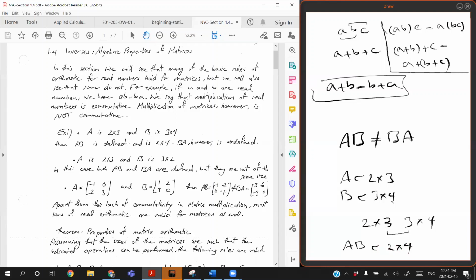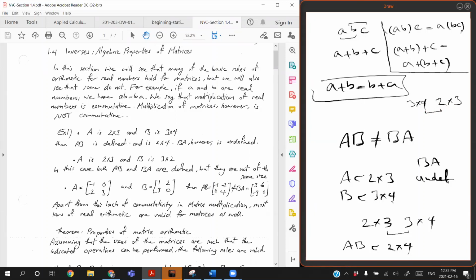However, BA would be undefined, because if I write these matrices in this order, first I put B, so B is 3 by 4, and A is 2 by 3. You look at the inner dimensions, 4 and 2 are not the same.